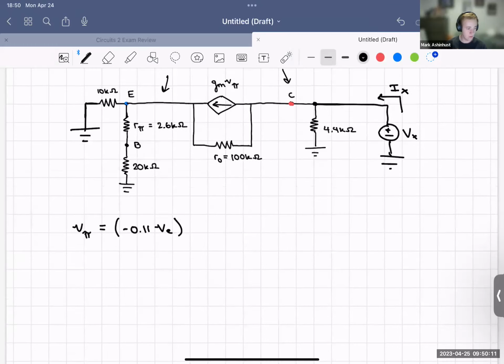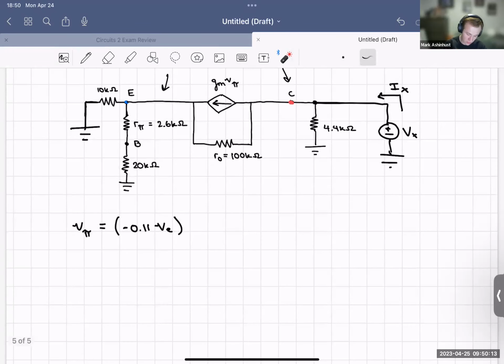And then I'd do the current equations again. So we have our current here going down over the 4.4K, which is going to be Ix, right? So we'll have VC over 4.4K. Then we'll have VC over 100K minus Vx.